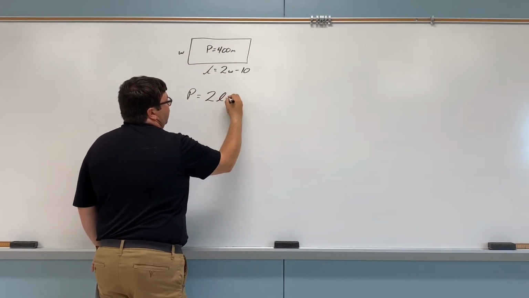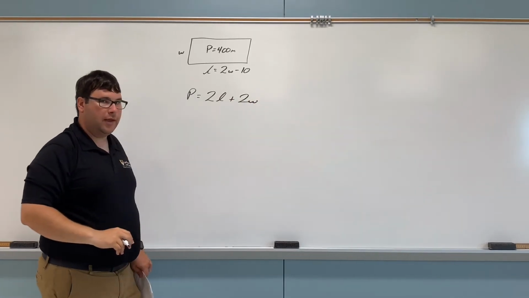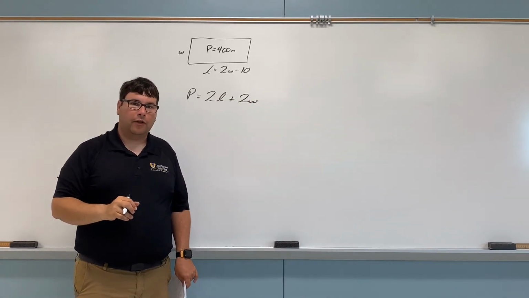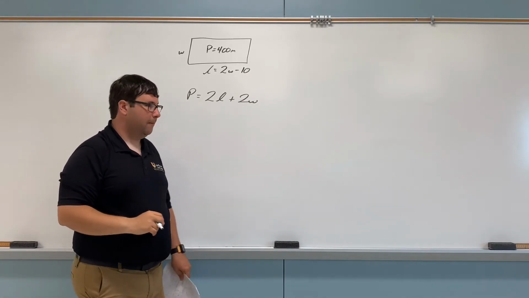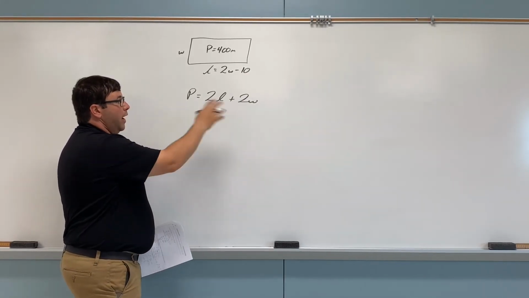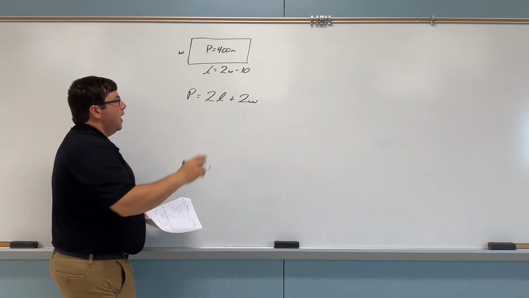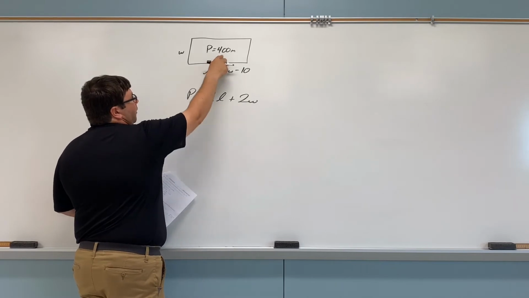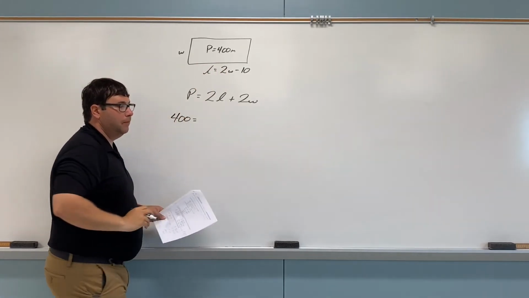So if I were to add all of my sides up, this is what I would come out to as a perimeter formula. Notice I have multiple variables. That is A-OK. I do know my perimeter is 400 meters. So I can plug that in.